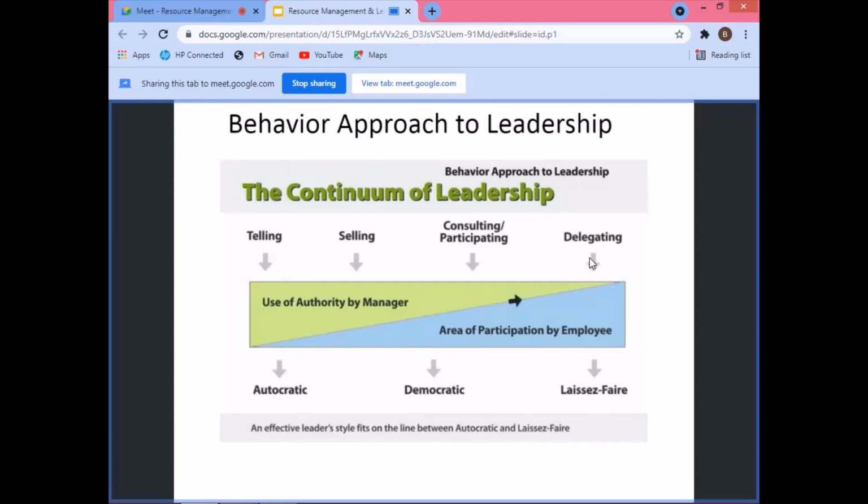If the employee is in the delegating stage with more participation, are you going to be autocratic in your leadership? I don't think so. It does not fit anymore. If the employee is at the telling stage and you're using laissez-faire as if he knows everything, so you just relax and trust an employee who is still at the telling side, then that is not the right leadership style. It will not be effective leadership.